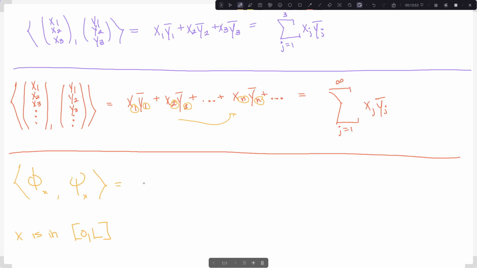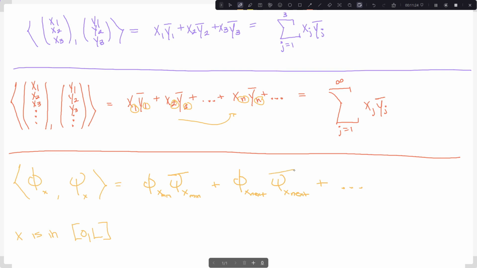And I'm going to sum them up. I'm going to say phi sub x, psi sub x, overline, and this is going to be the minimum x, plus the next x, plus the next x, plus the next x.